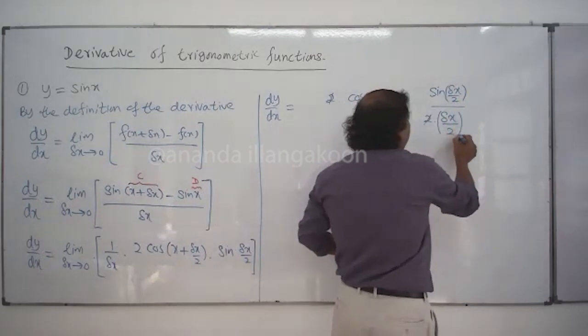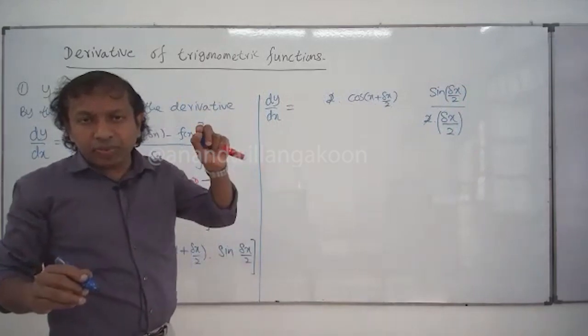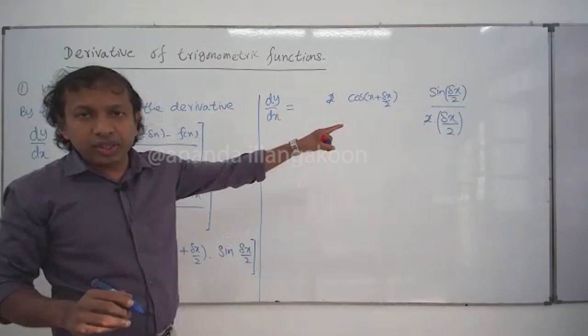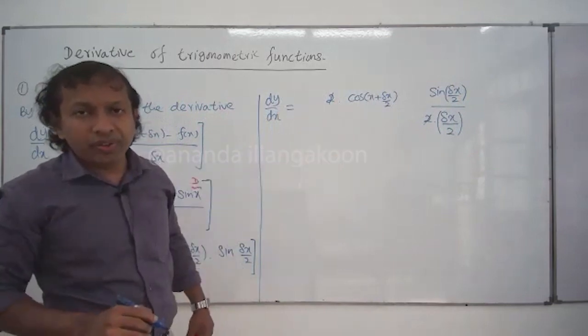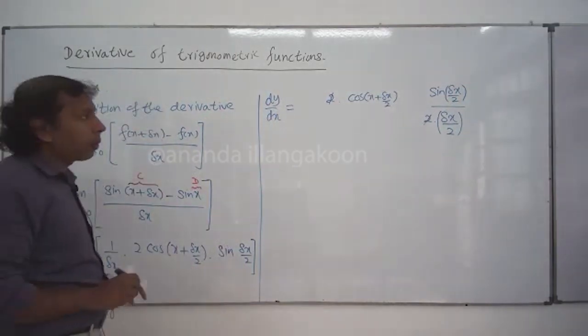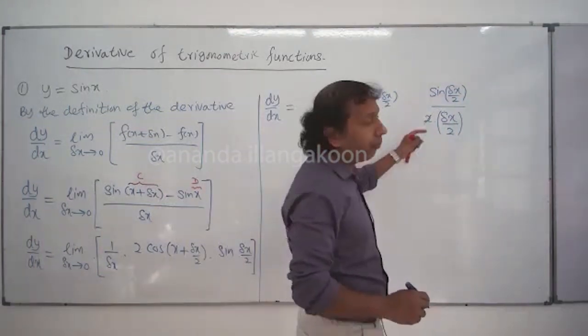Why? The reason, people: under the limit lesson we learned sine theta divided by theta, as theta going to 0, goes to 1. In this case, that theta is this delta x by 2. In order to form sine theta by theta only, we did like that. Now this limit delta x going to 0, we apply here and here both separately.